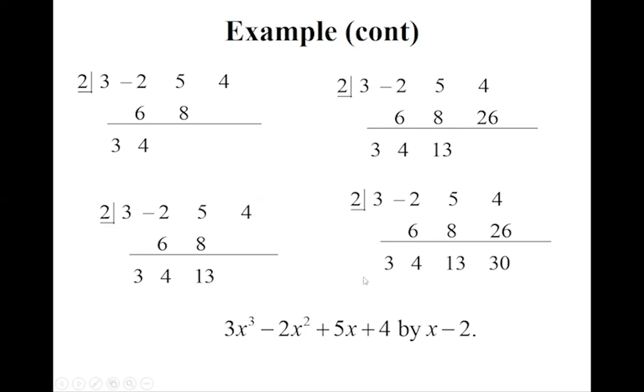Instead of x cubed, we start with x squared. So 3x squared plus 4x plus 13 plus 30 over x minus 2. If you did it by long division, did you get the same answer?